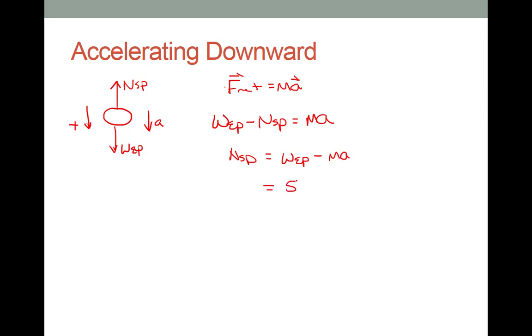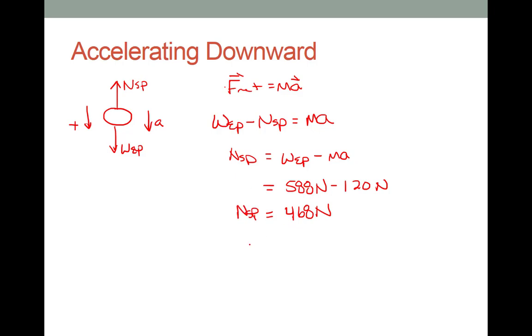Using the numbers we found 2 slides ago, that was 588 newtons minus 120 newtons. So 588 minus 120 is 468 newtons.